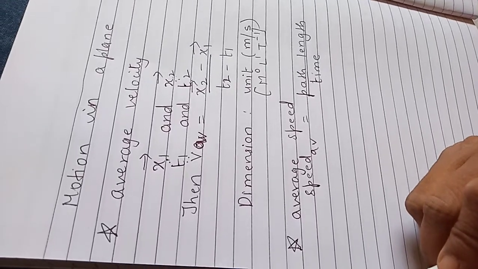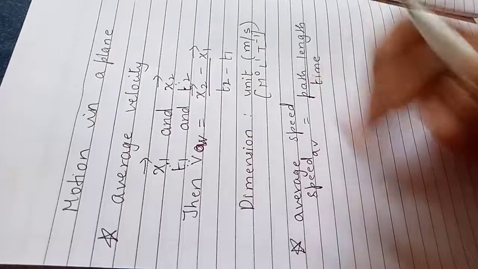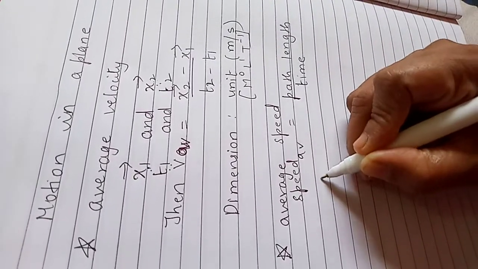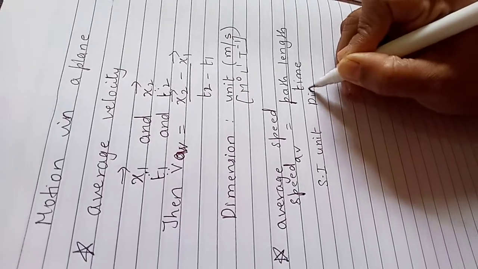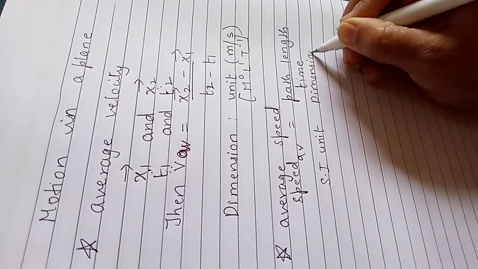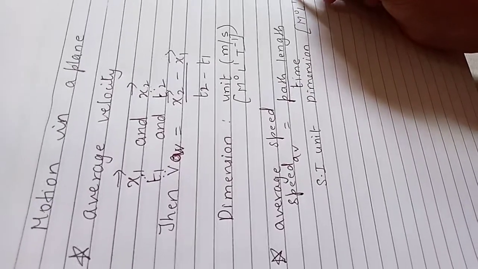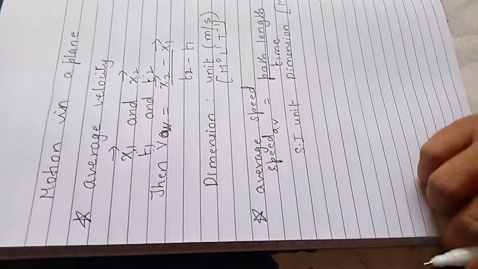It is a scalar quantity, so we don't consider the direction here. Here it's very important that we consider the direction. Students, the SI unit and dimensions are the same, that is no mass, only length and time in the denominator. That is the expression for average speed.